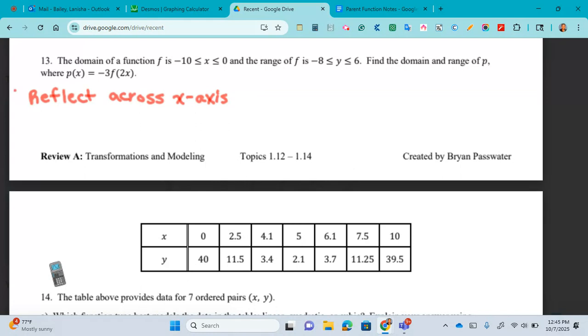And I'm just gonna put a note that affects my y. That 3, vertical stretch by a factor of 3, excellent. That 3 is in front of my entire function, so that is a vertical stretch by a factor of 3. Horizontal shrink by a factor of 1.